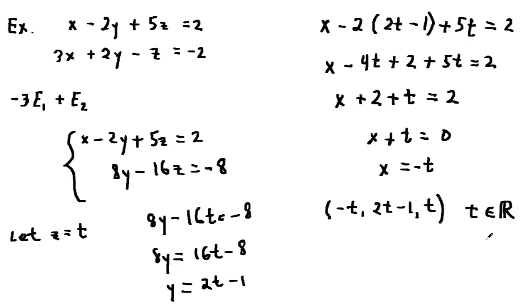Okay, t is a free variable. So all points of this form are solutions to the original set of equations. Okay, let's do one more example.